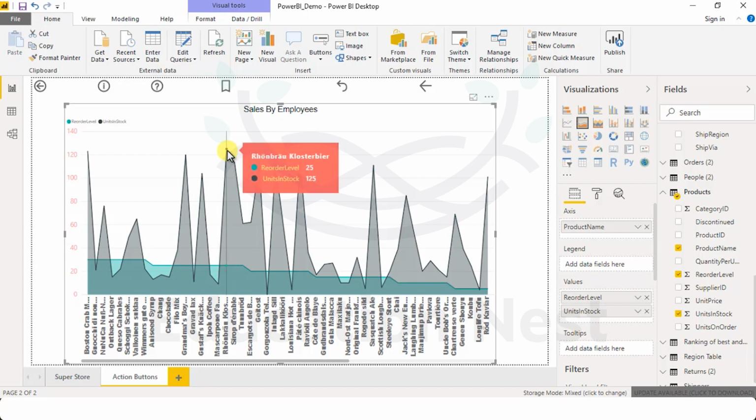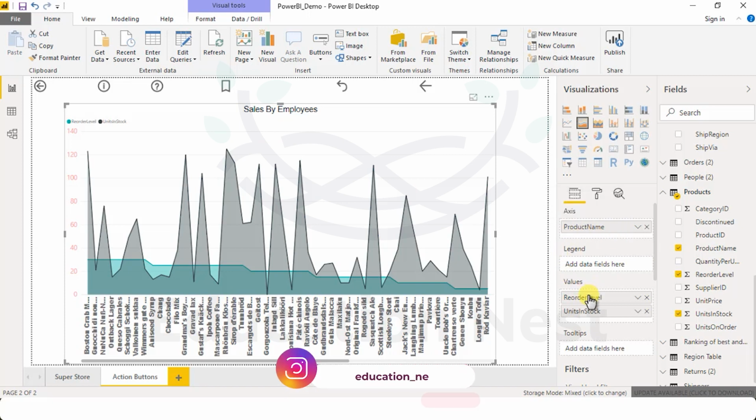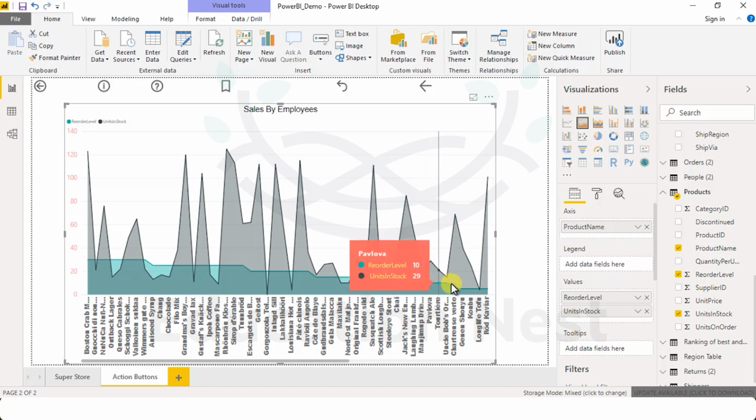This will always help us in this particular scenario, what we are looking at for a given product. Have we hit the reorder levels or are we always ahead of the reorder levels? This will help the management to take a call as in, is your reorder level high or low for every product based on the other environmental factors.